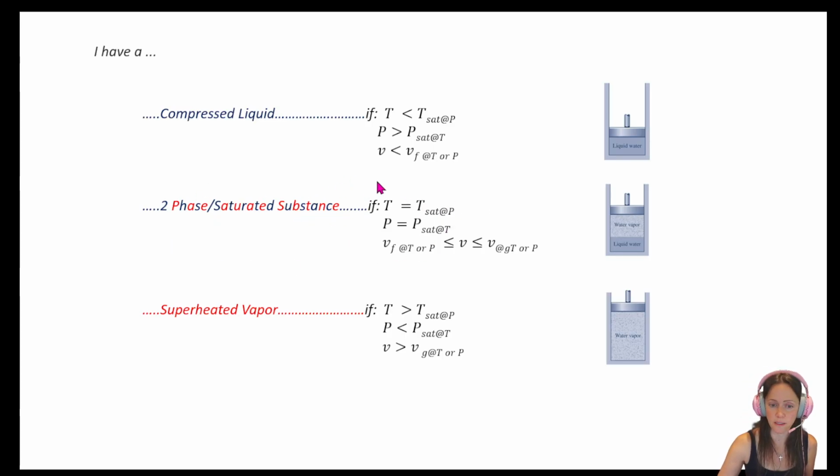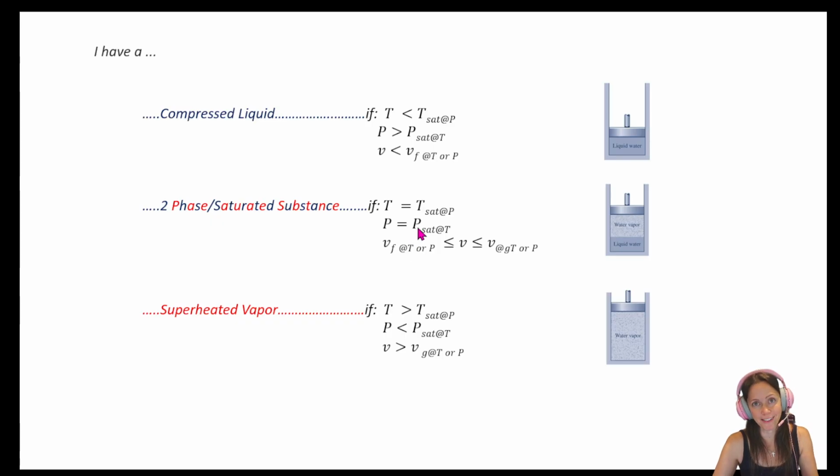If you're at the saturation pressure at a given temperature, or at the saturation temperature at a given pressure, it has to be saturated. If your specific volume is between the v sub f and v sub g values at a given temperature or pressure, then you're saturated. If it doesn't fall under that category, it may be a compressed liquid or a superheated vapor.